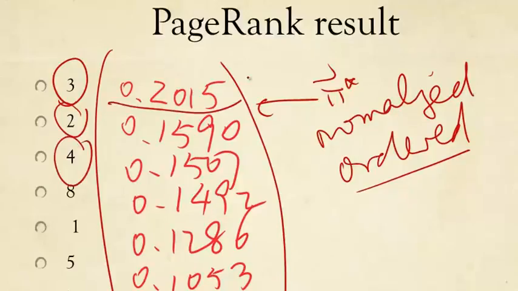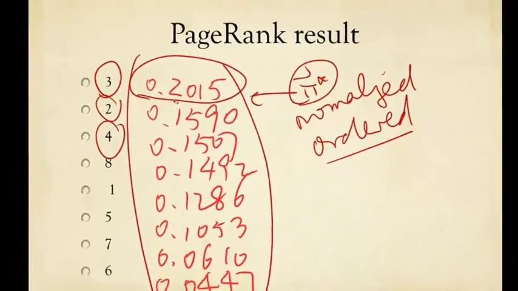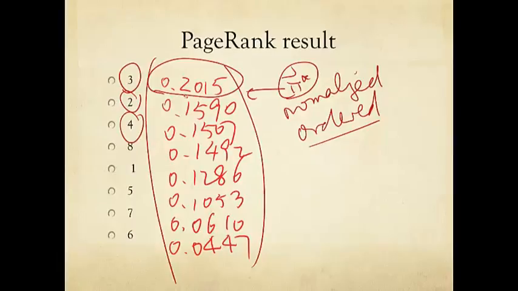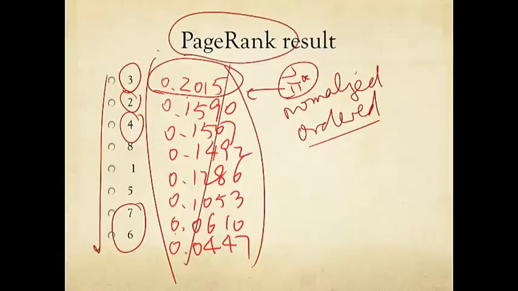You can see node 3 actually is by far the most important. 0.2 sounds like a small number, but remember the pi is now normalized, so it all adds up to 1. So 0.2 out of 8 nodes is actually quite impressive. 2 and 4 are about the same, and nodes 6 and 7 are by far the smallest. Okay, that's 0.06, 0.04. But then again, Google PageRank returns the ranking. It does not show you the actual scaling. So the scaling is only an intermediate step.